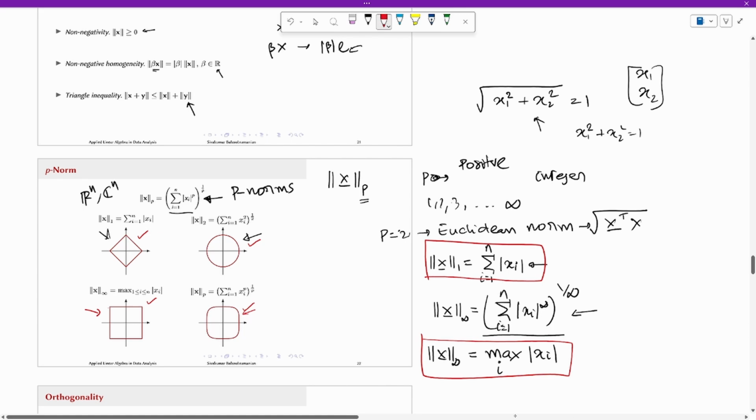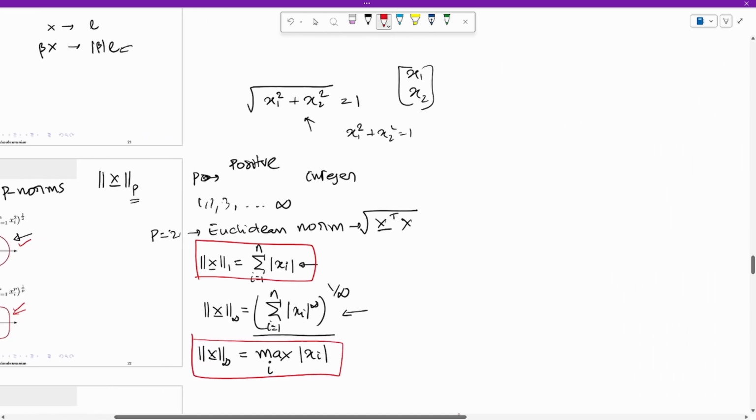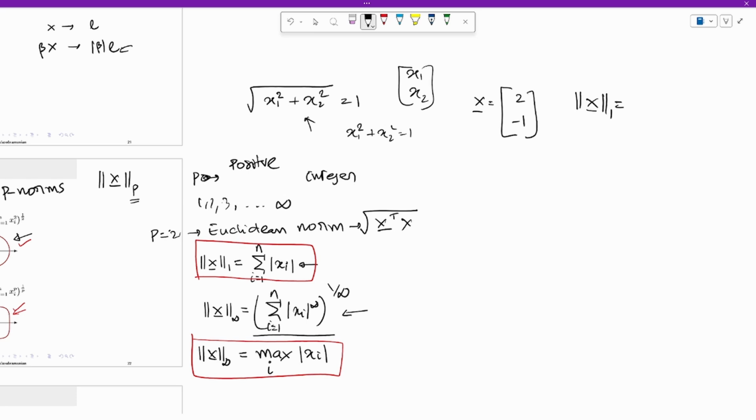Before we move on, we'll simply compute the norms of some vectors so that you're comfortable with how to do this. Let's do R2. What is the 1 norm of this? And then you can tell me what the 2 norm is. And then let's do the 4th norm.